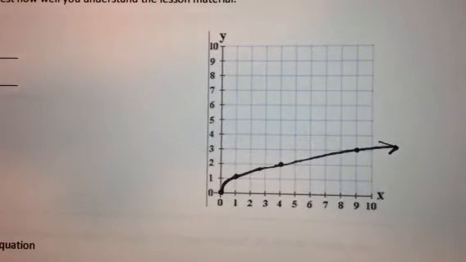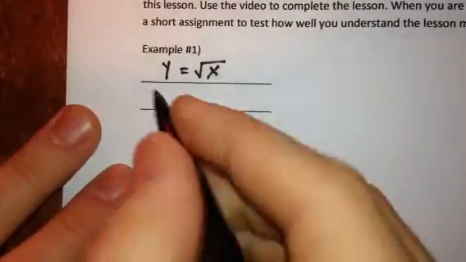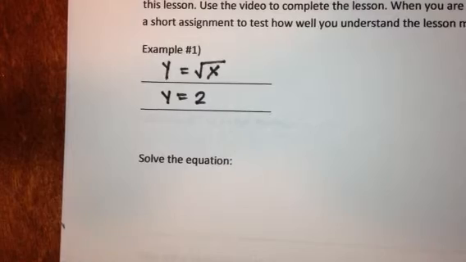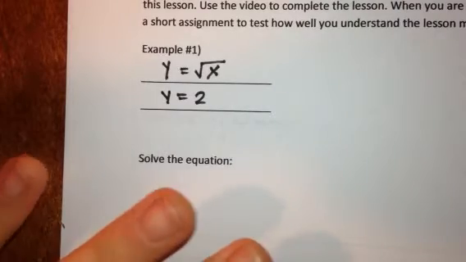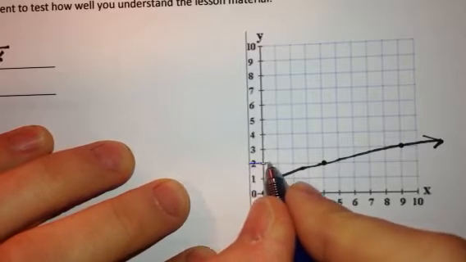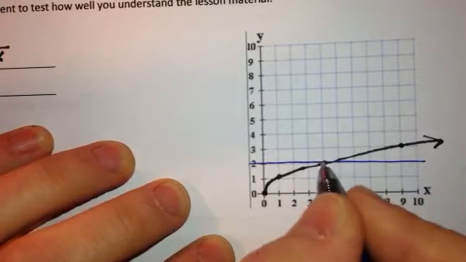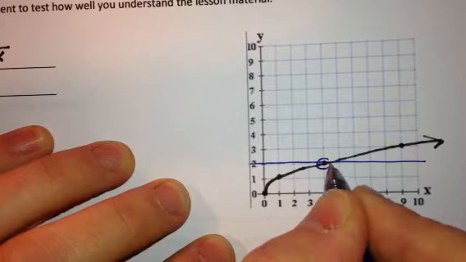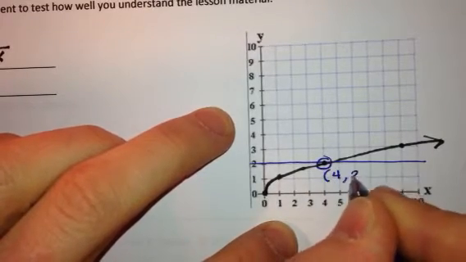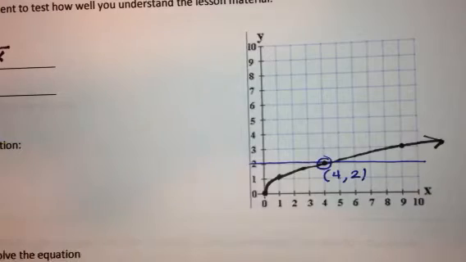And let's suppose we graph another line, y equals 2. Oh, okay, we know what that looks like. It's a horizontal line, and that horizontal line would be right here when y is 2, and we can see that the two functions intersect at this point, (4, 2).